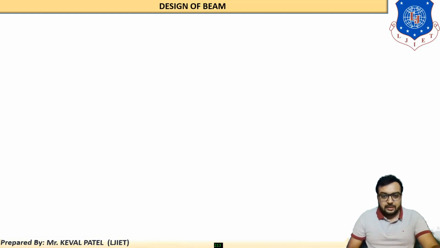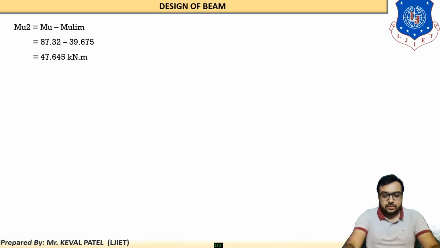So now let us start. First of all we have to find out MU2. The equation of MU2 is equal to MU minus MU limit. Our value of MU is 87.32 and our value of MU limit is 39.675. So our answer of MU2 is 47.645 kilonewton meter.